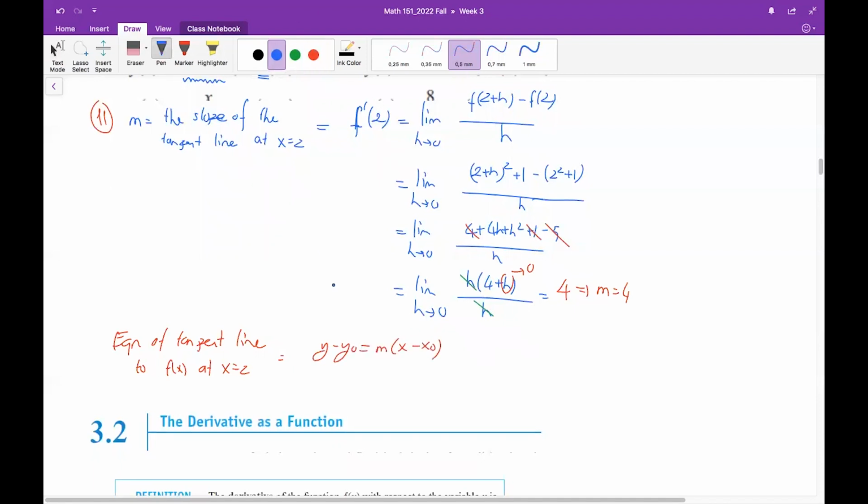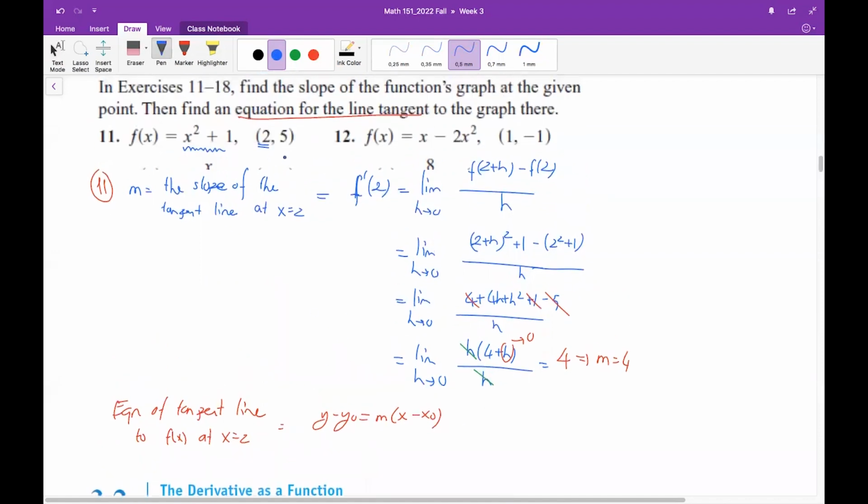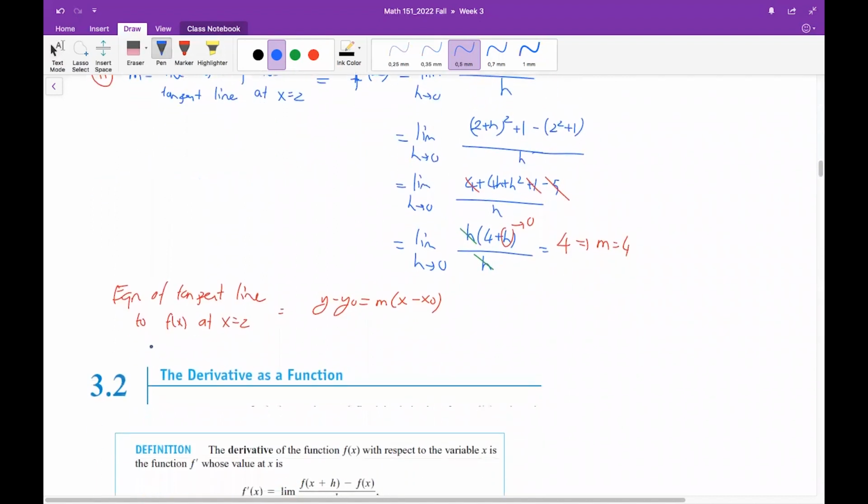This is the general structure of the equation of the tangent line. So what is the y0 component of the given point? Our point is (2, 5). So this is the x0 point, this is the y0 point. Okay, so y0 is 5, x0 is 2. What is the slope? And the slope is computed as 4.